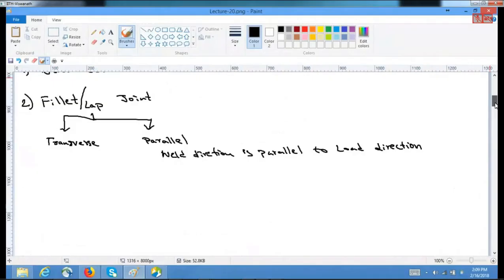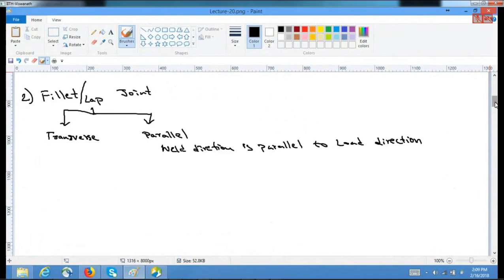Today, it is our job to use this to start designing, that is, how a welded joint would behave. In order to do that, we need to understand the strength of both the butt weld as well as the fillet weld. First, I will generally give you the design things, and later I'll explain why we are using them.